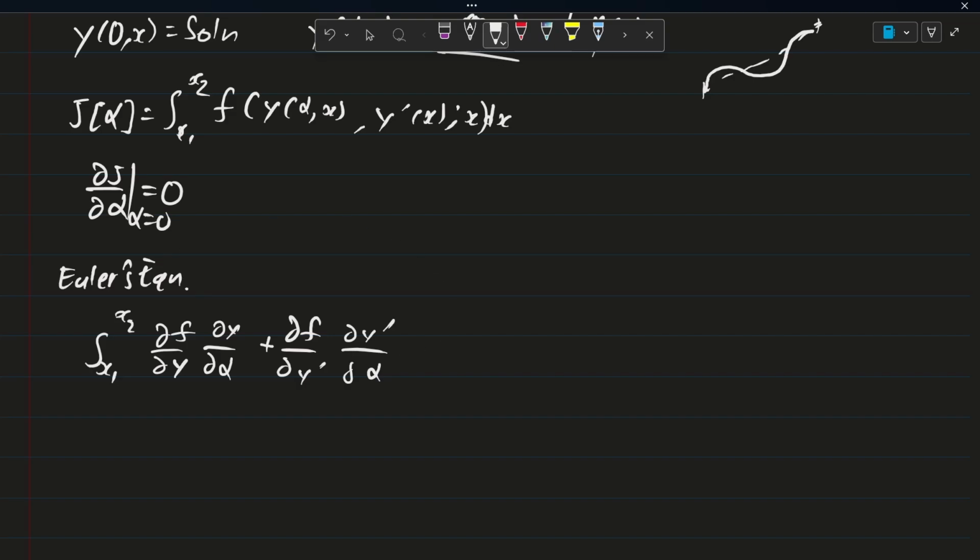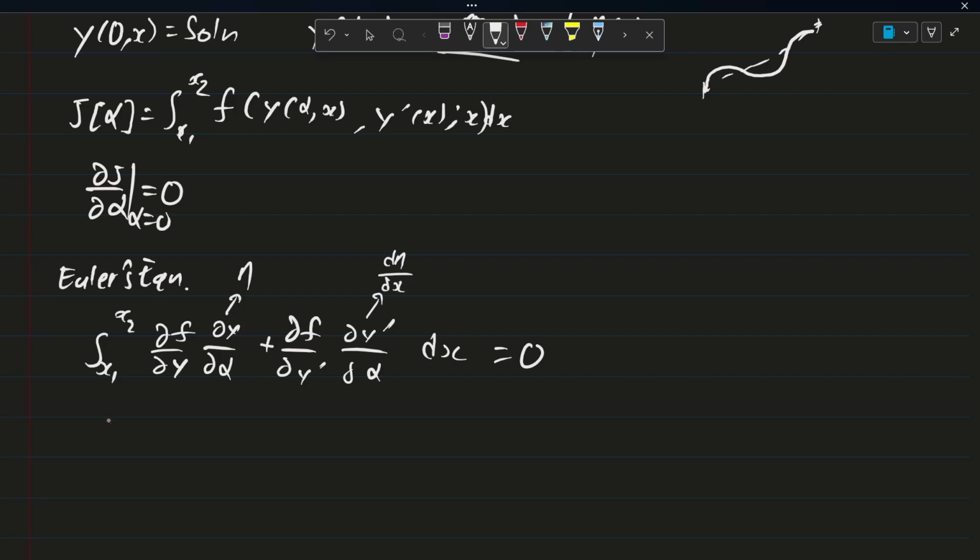We only use the chain rule to obtain this equation. This should be 0. Something to note is that you could determine that partial y over partial alpha is eta, and partial y' over partial alpha is d eta over dx, which you can prove straight away.